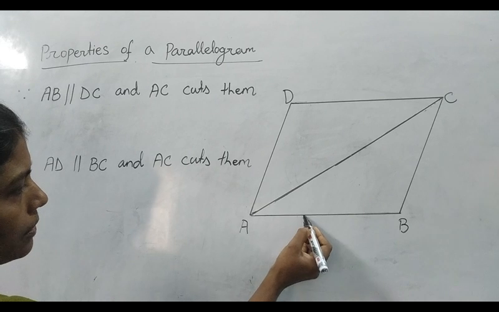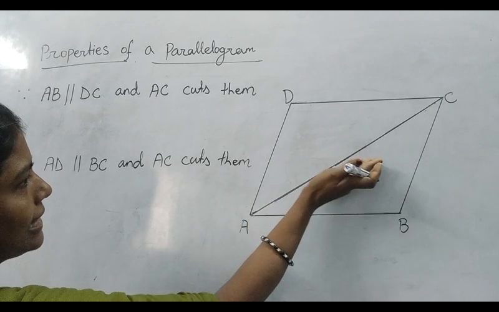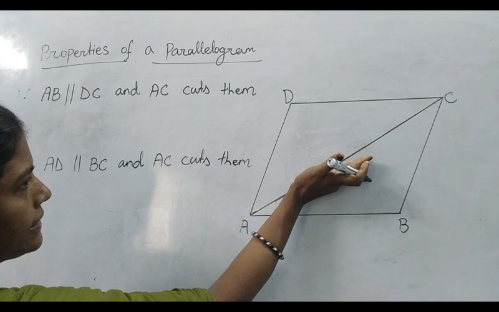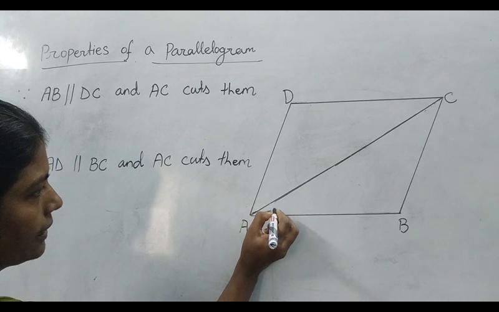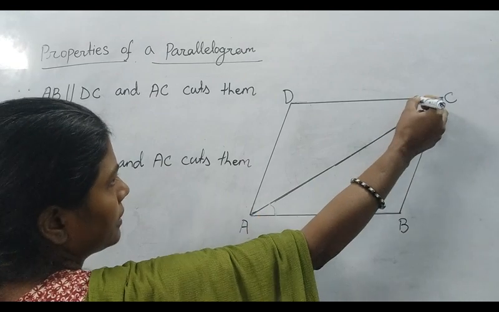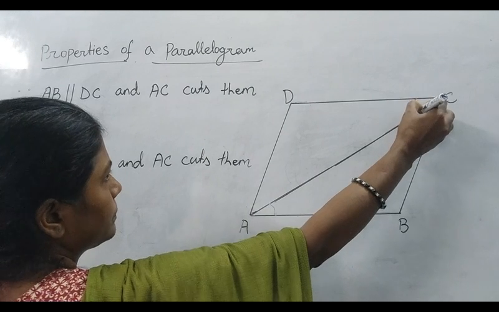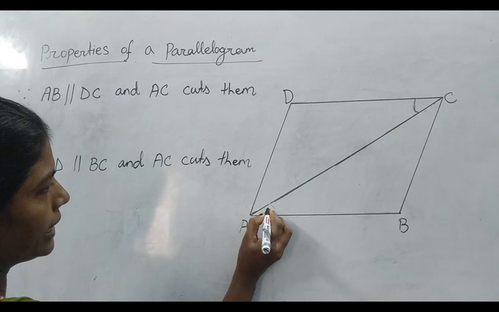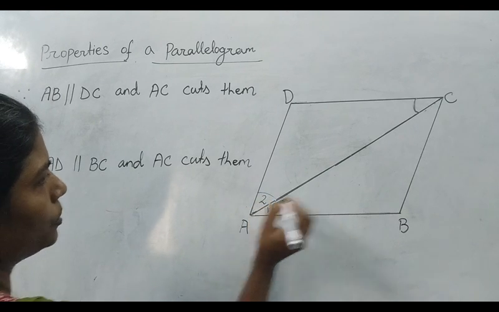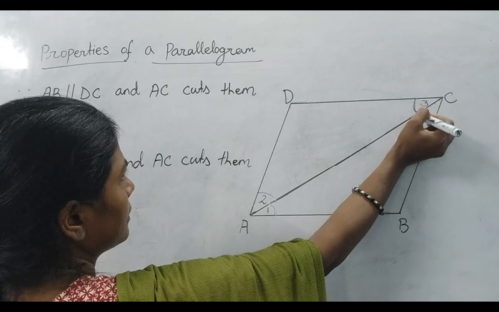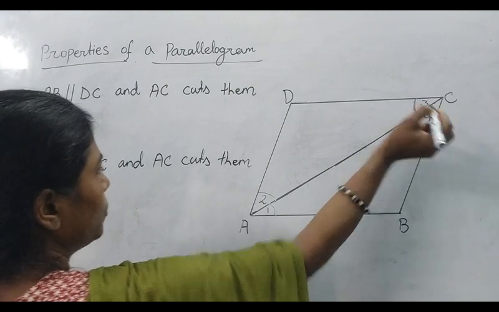So with AB and DC, this transversal AC makes some angles, this angle, and this one. For the convenience, we put the name of the angles as angle 1, angle 2, angle 3 and angle 4.